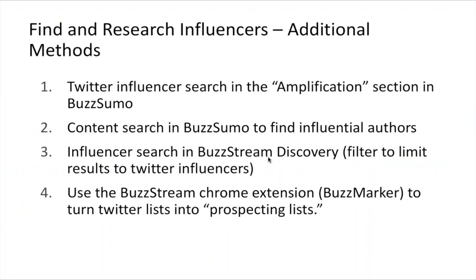If you're looking for people who have Twitter followings, you can look for influential authors who have a Twitter feed or are on Twitter, and you can add those into BuzzStream also and keep track of that. And for those of you who are using BuzzStream, you can create prospecting lists in the BuzzMarker, do things like go to a Google search and turn those into prospecting lists and work through those.